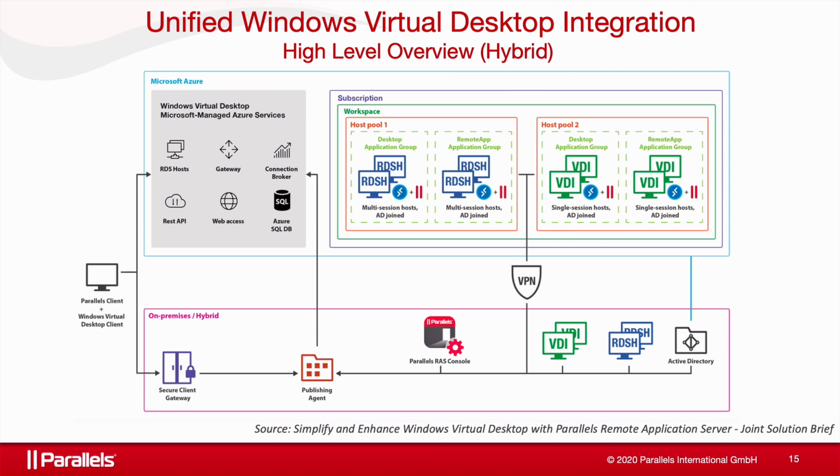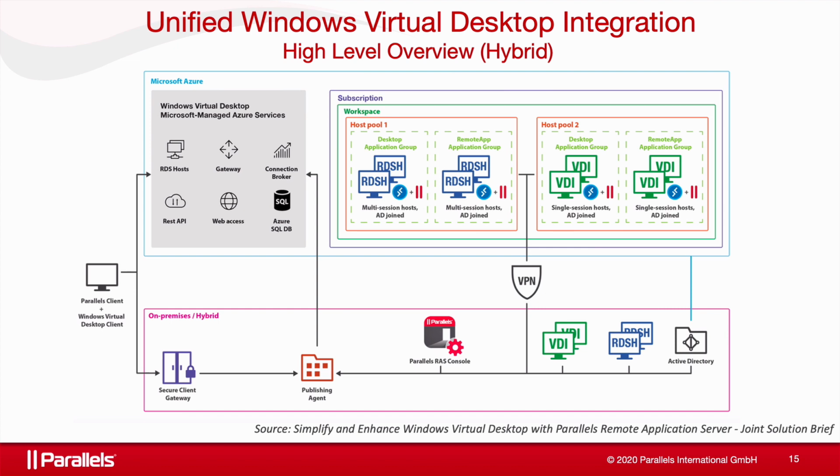Our clients are integrated. So if you have a resource that you're using, Windows 10 multi-session or other components in WVD, we will call the API, open the connection, and the user traffic will be distributed to one or more subscriptions, to one or more workspaces, or to one or more host pools.